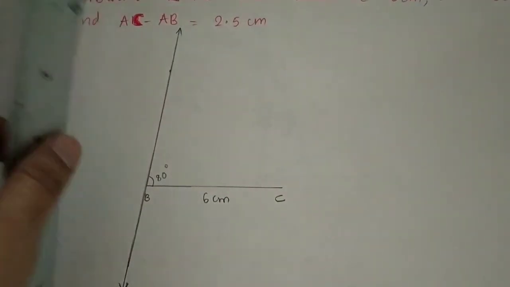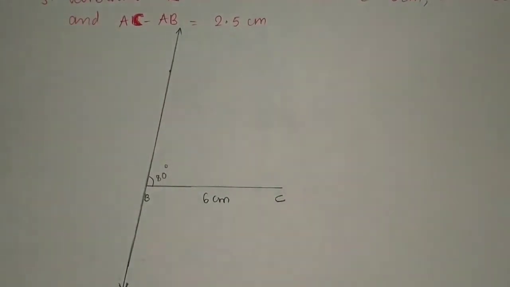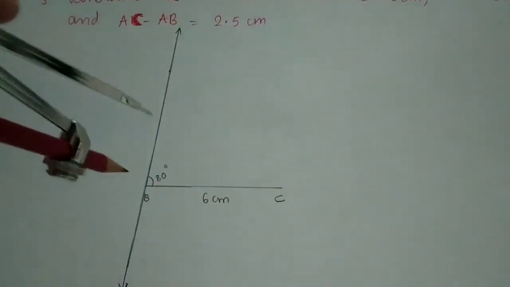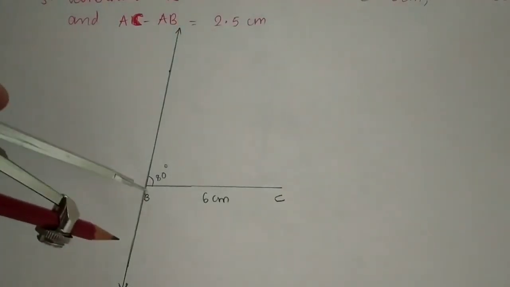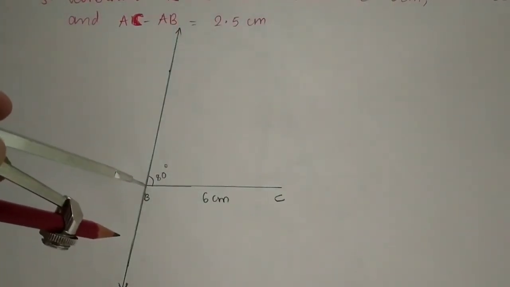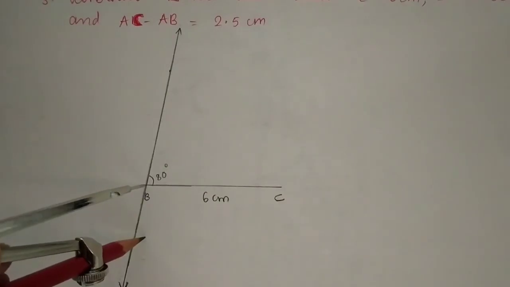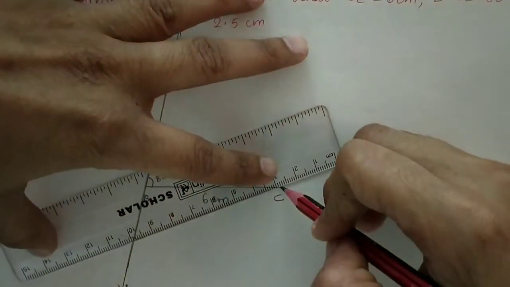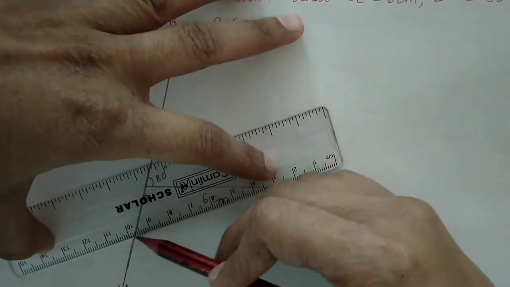And then after doing this, you'll be taking 2.5 measurement on your ruler, and initially we were placing it here and drawing the arc on the upper side, right? But now we are going to draw it below. So we will be placing it here and drawing an arc like this. Now after doing this, join the remaining end point to this.